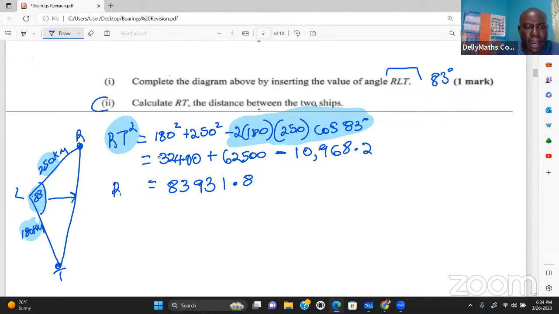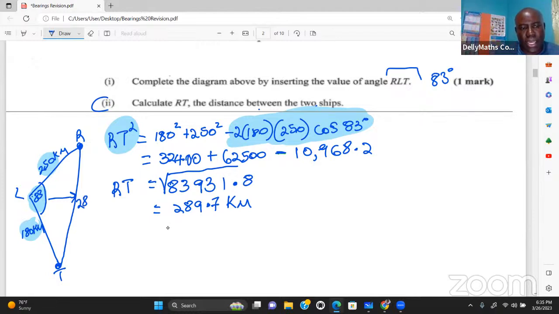So in order to find RT, we're going to take the square root of this number. So let's take the square root of that number. And we're getting 289.7 km, and that is the distance between the two ships.